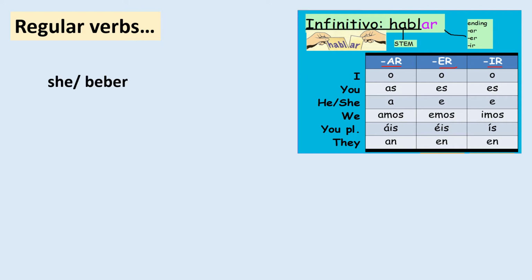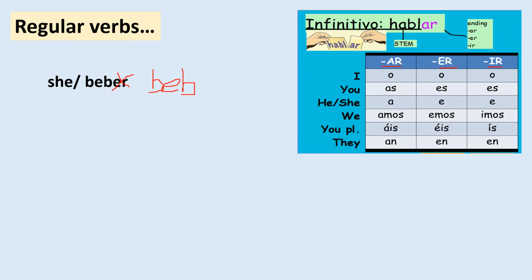So for example, I want to conjugate beber, to drink, for the she form. So the first thing I'm going to do is remove the ending. So bye-bye -er, and then I'm left with the stem beb. But beb means nothing, so I need to find the ending for the she form.